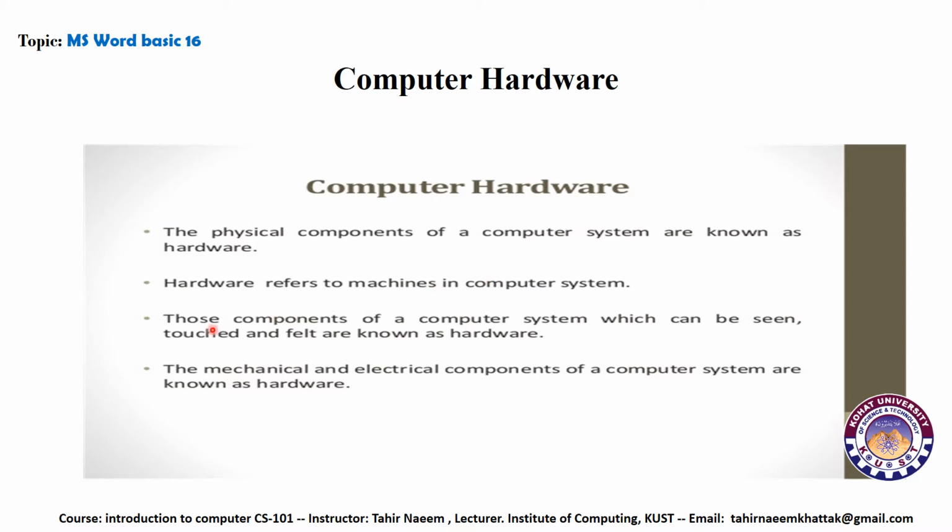Or we can also define hardware as those components of a computer system which can be seen, touched and felt. We can say that the tangible parts of a computer are called hardware, like a monitor, keyboard, or all those accessories which we can physically touch, see and feel.